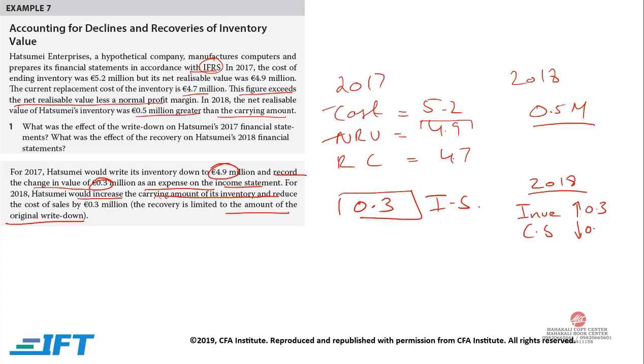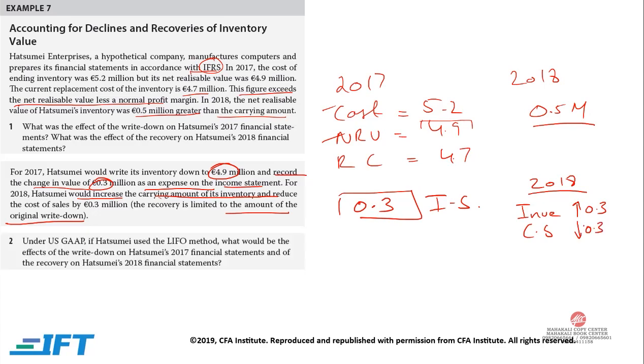Under US GAAP, you also need to understand that write-up is not allowed. So if Hatsumi used the LIFO method, what would be the effect of the write-down on Hatsumi's 2017 financial statement and of the recovery on Hatsumi's 2018 financial statement?